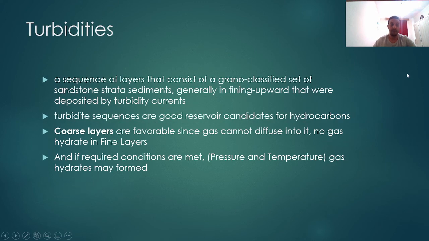Here, turbidites are a sequence of layers that consist of chrono-classified sandstone sediment, generally fining upward, that were deposited by turbidity currents.